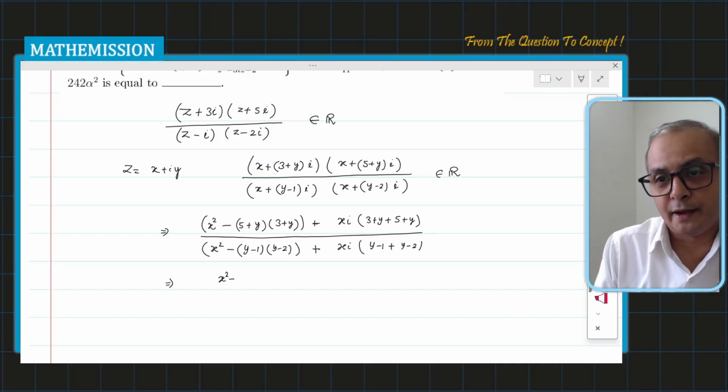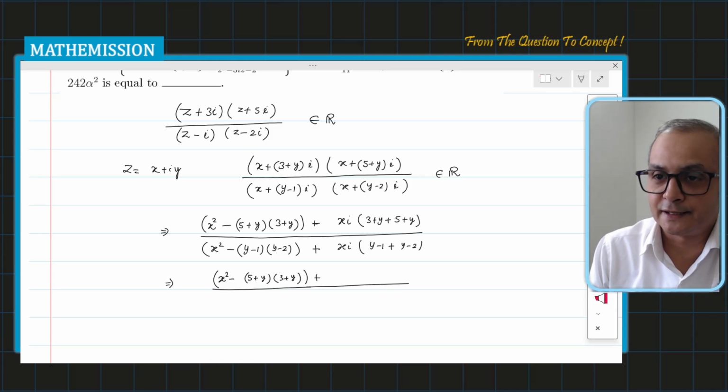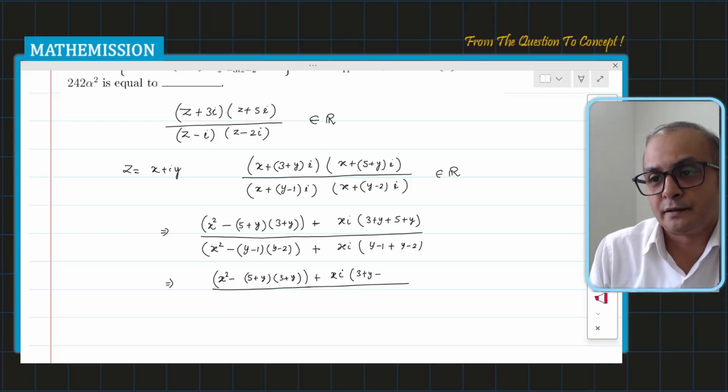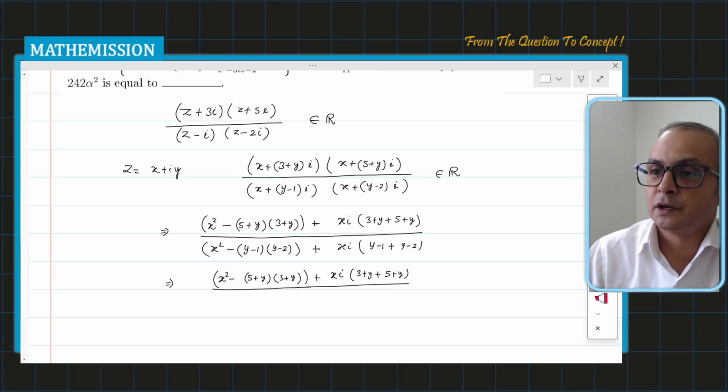If you simplify it further, this will remain as it is. So x squared minus (5 plus y) into (3 plus y) is the real part, and the imaginary part is still there, xi times (3 plus y) plus (5 plus y), which is 8 plus 2y.